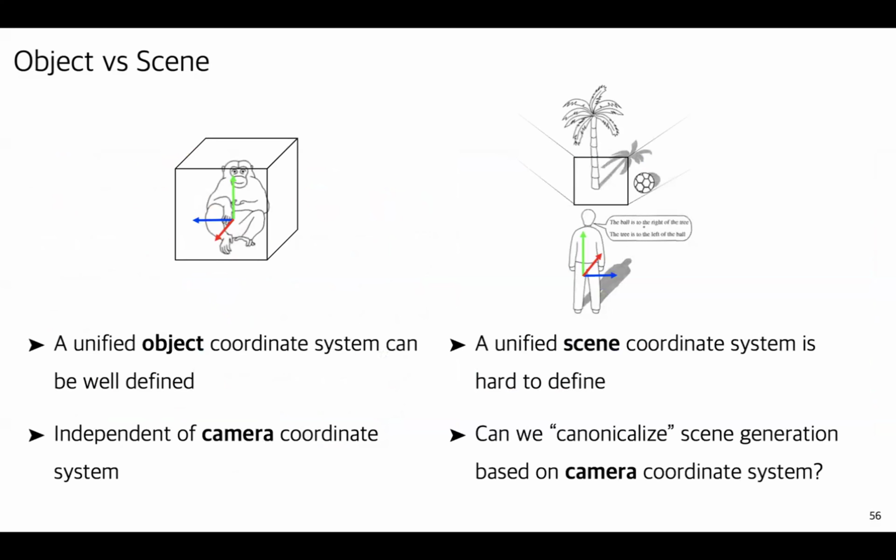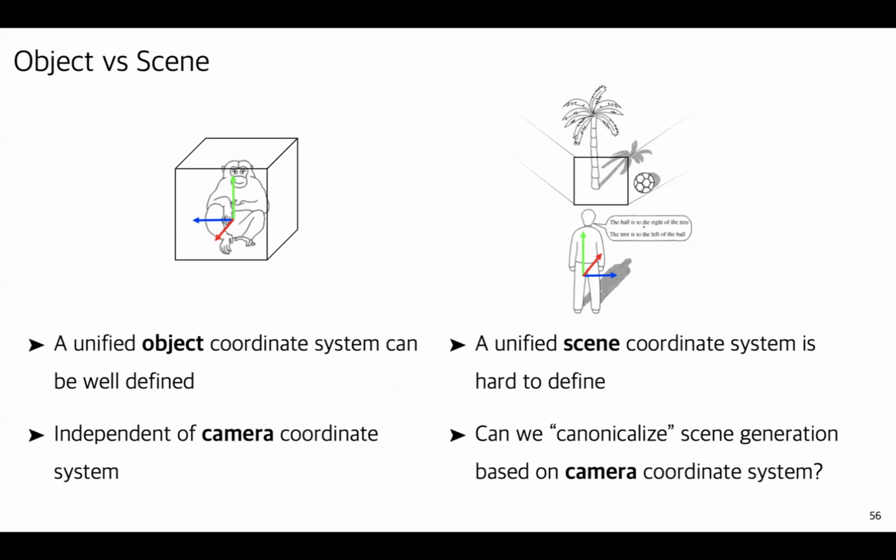It's true that for objects, as shown on the left, we can have this object intrinsic coordinate system where we define its forward-facing direction, its left direction, and its upward direction. And this definition is independent of the camera poses, independent of how we view the objects, right?